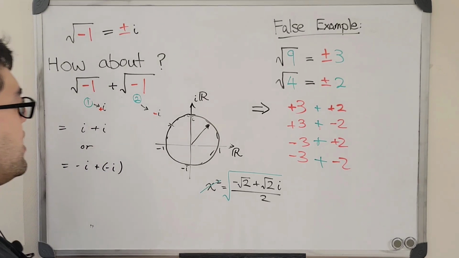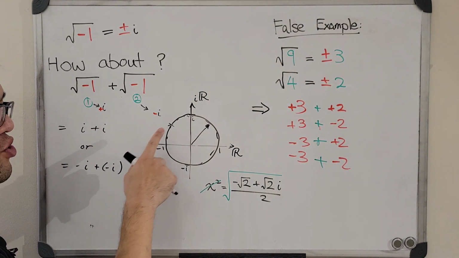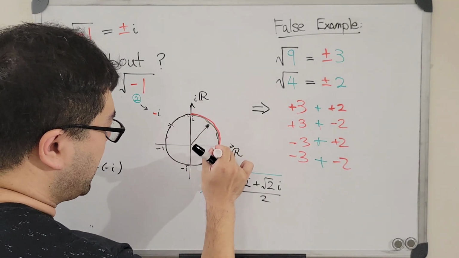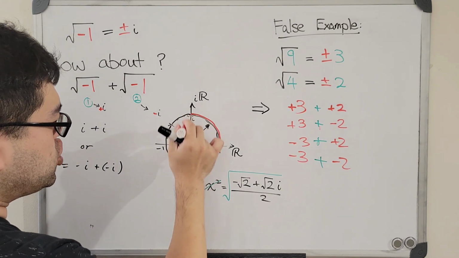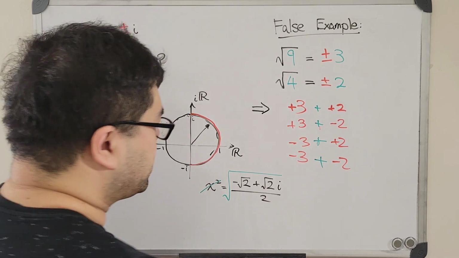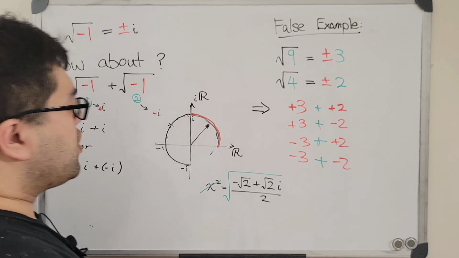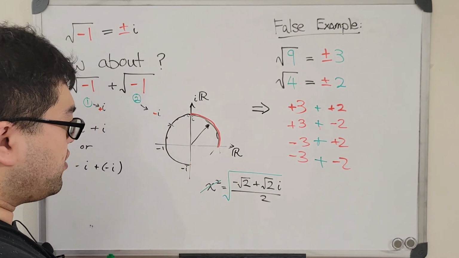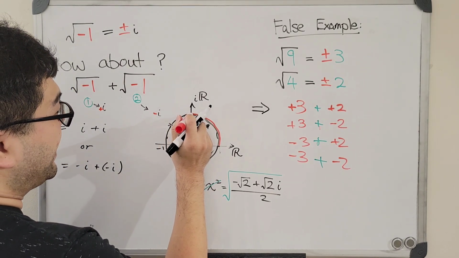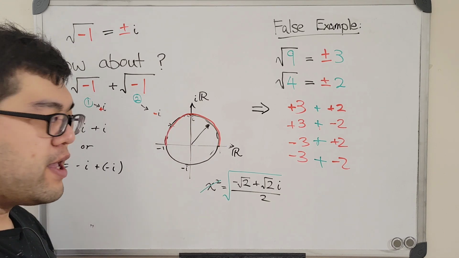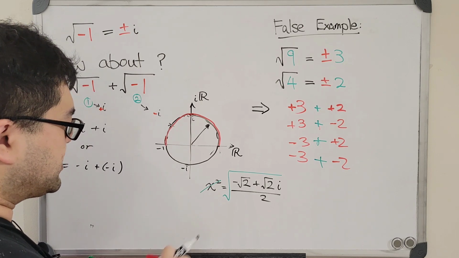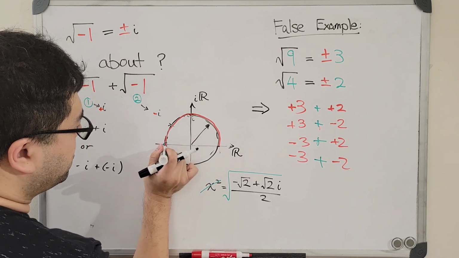When we choose the principal value for the square root sign, we usually would like to take the upper half of the circle, except we will exclude this point here, -1.